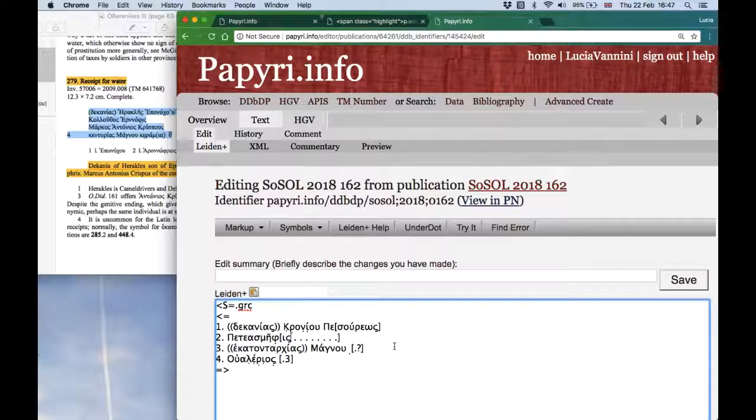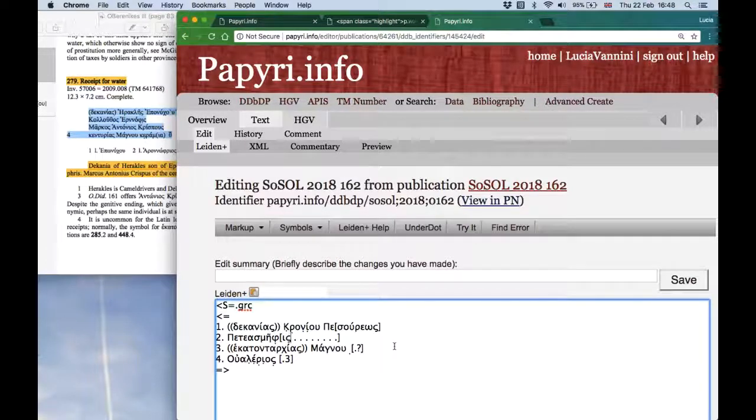And therefore, Leiden Plus considers textual and non-textual parts differently. So the dots that indicate the missing letters are considered in TEI XML as non-textual, so they need to be encoded differently from the supplied letters. And this affects the Leiden Plus markup.